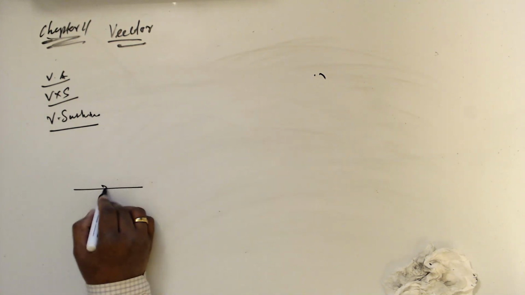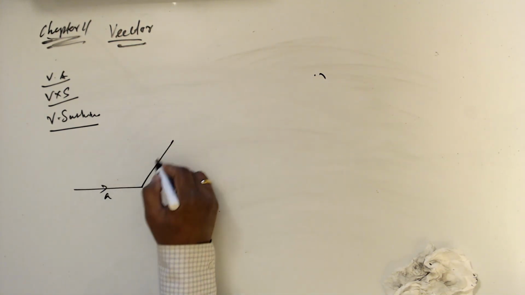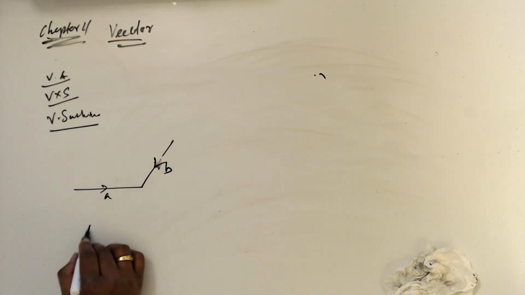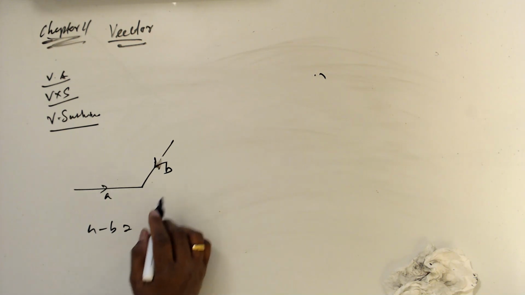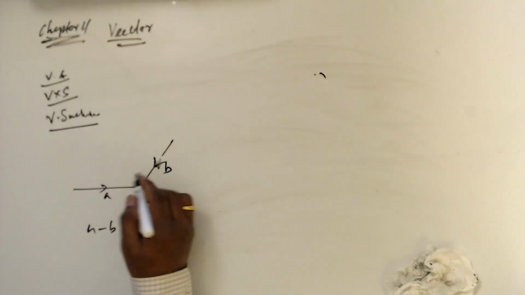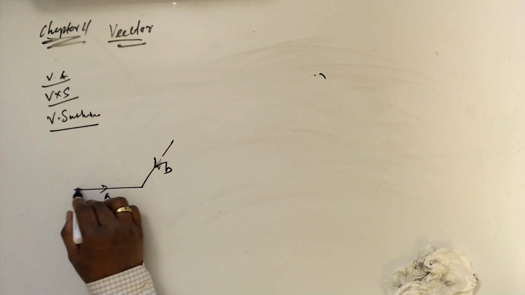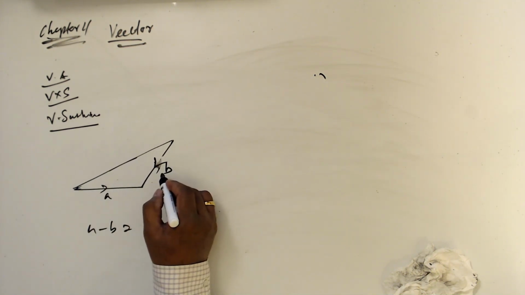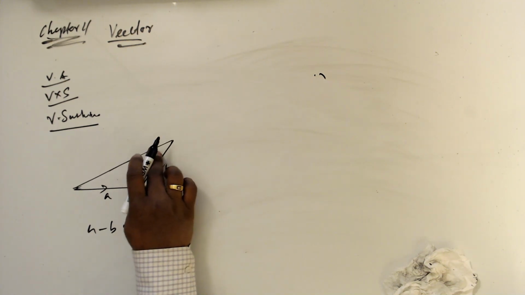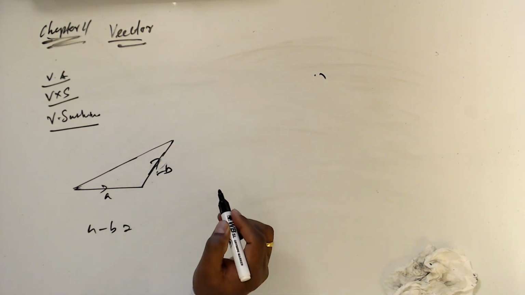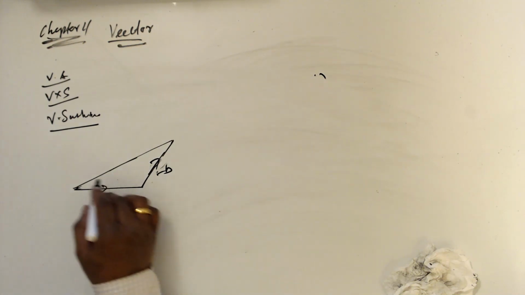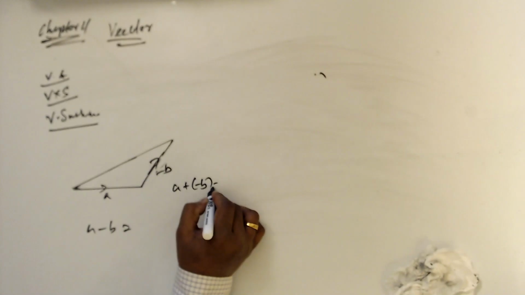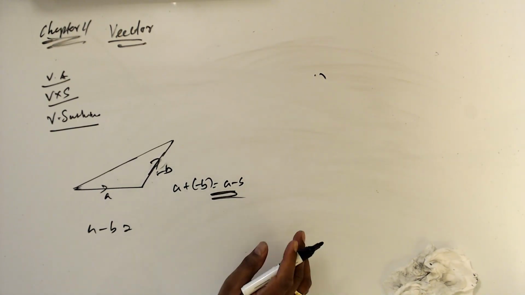If we have A here and B here, A minus B means we turn this one the other way around, because I can't put the triangle law otherwise. So I reverse this one by putting minus B. Now I will add A plus minus B, A minus B.